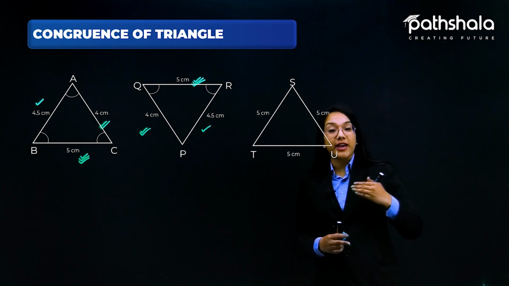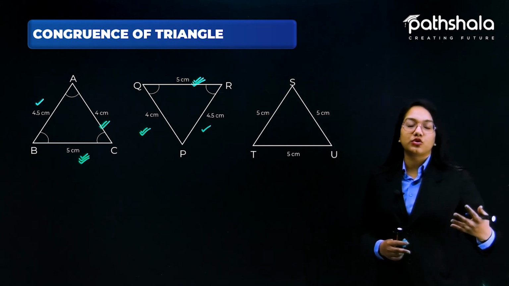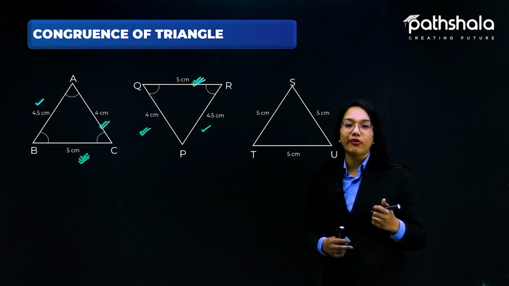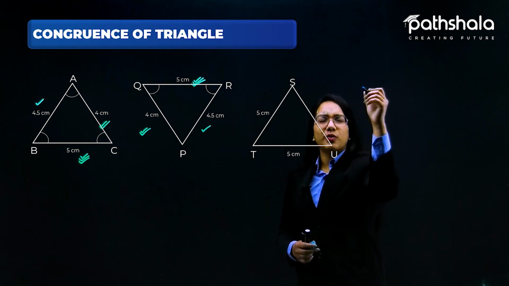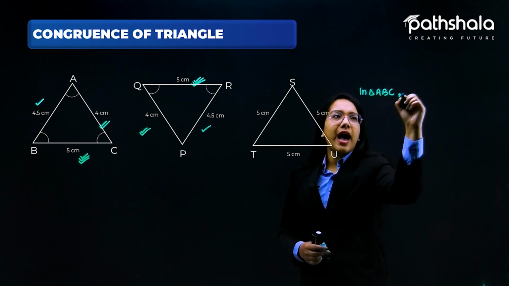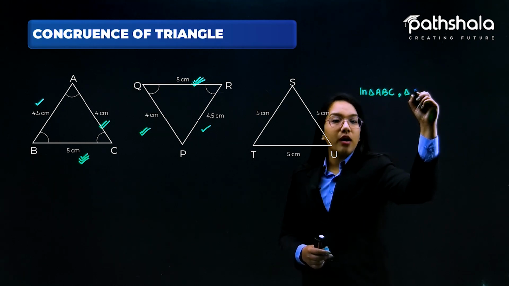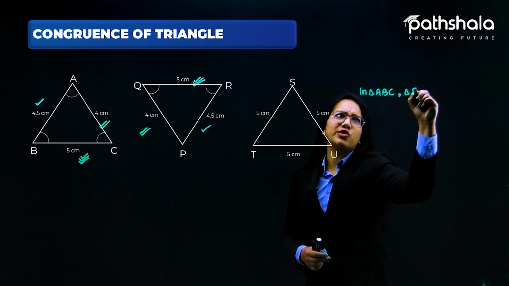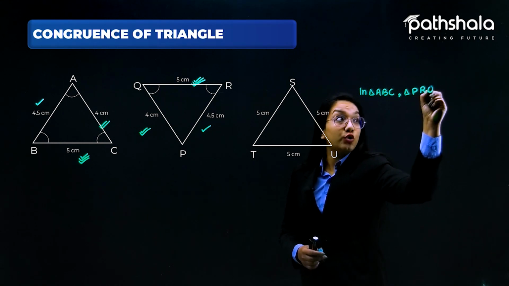Now here there is a very special note which is related with how we can write that these two triangles are congruent to each other. So first of all, let us suppose I'm just talking about the triangle ABC. So we can say that in the triangle ABC and the triangle PRQ, we can also take the triangle PRQ.